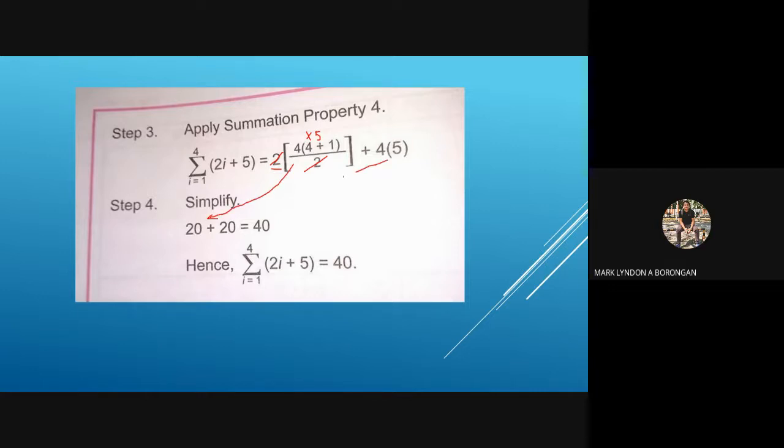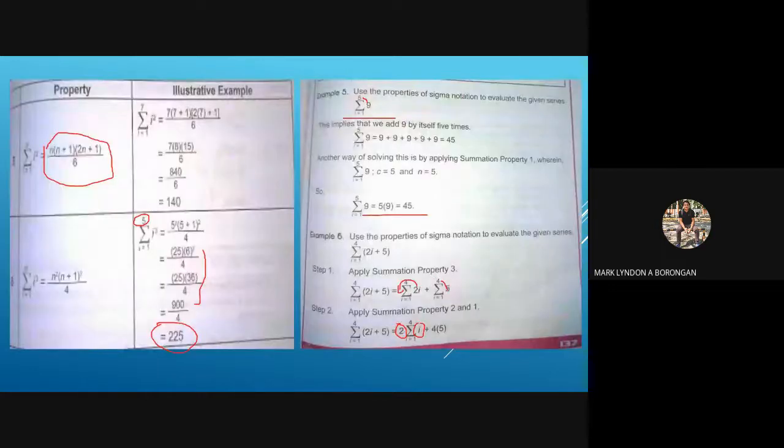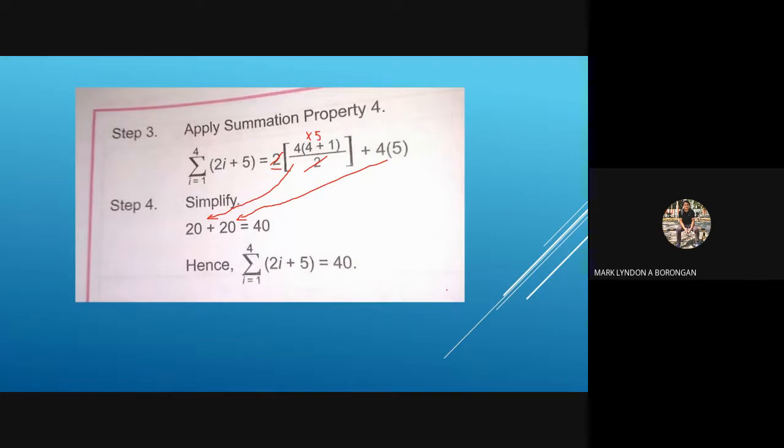And then 4 times 5, the summation of 5 from 1 up to 4 is 20. So, 20 plus 20, which is equal to 40. So, the summation of 2i plus 5 from 1 up to 4 is equal to 40. That is our final answer.